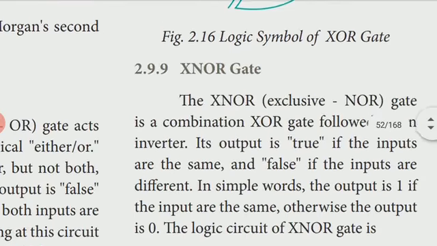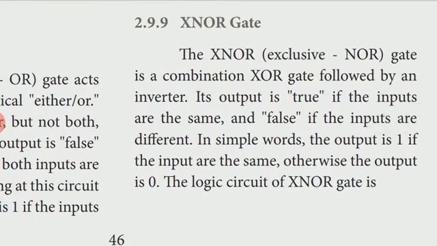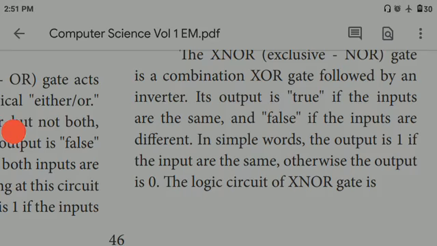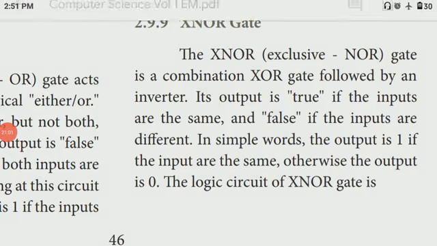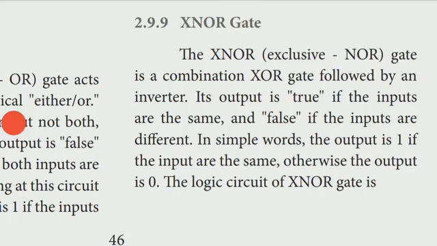The next one is the XNOR gate. In this XNOR gate, if all the inputs are true or all inputs are false, you will get the answer as 1.